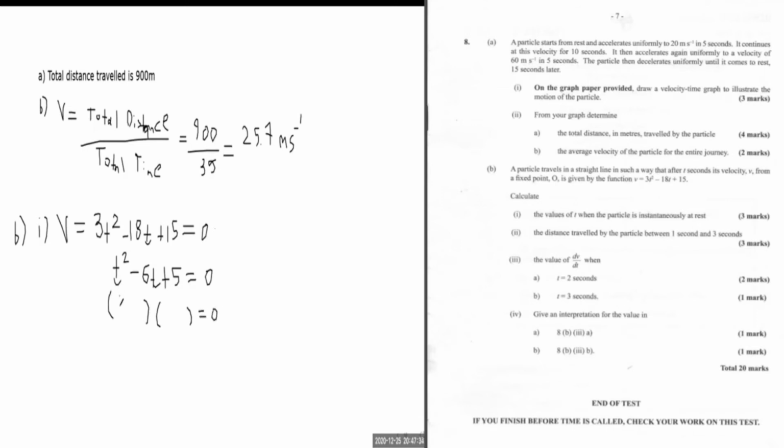This is t, this is t, this is 5, and this is 1. The signs are the same, both of them negative: minus, minus. So this tells me t is equal to 1 or t is equal to 5. That's when the velocity is instantaneously at rest.